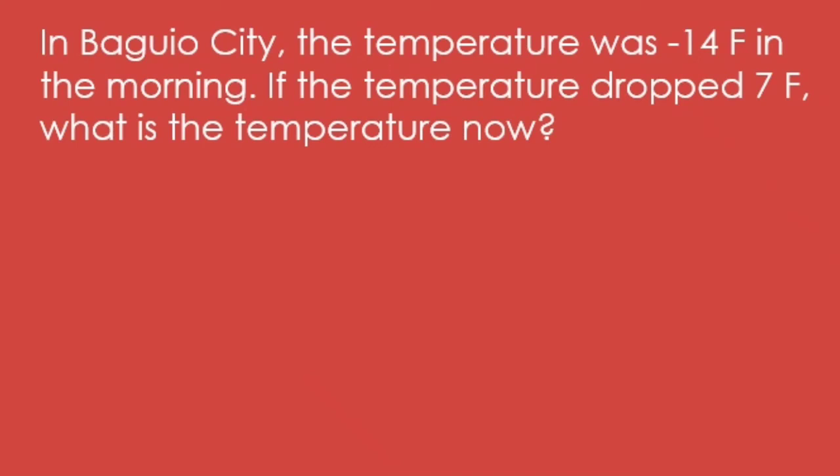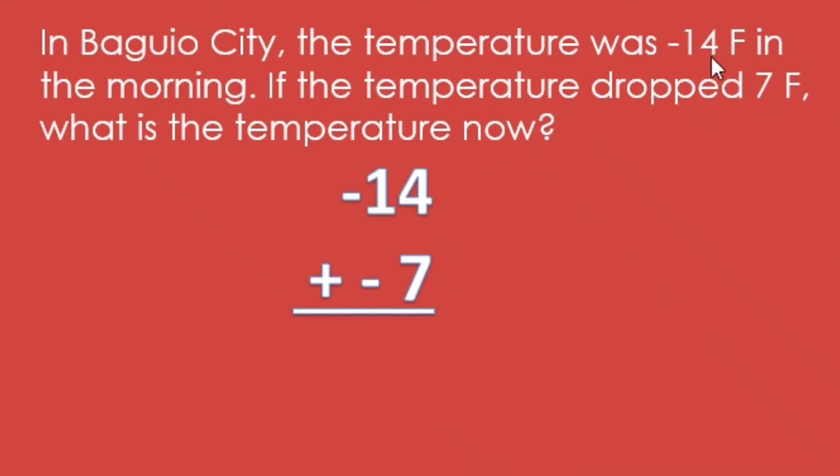Next, we have in Baguio City, the temperature was negative 14 degrees Fahrenheit in the morning. If the temperature dropped 7 degrees Fahrenheit, what is the temperature now? So still, we will add, and let's identify the given. We have negative 14 plus negative 7. So why did 7 become negative 7? Because the keyword here we have is dropped, and drop means negative.